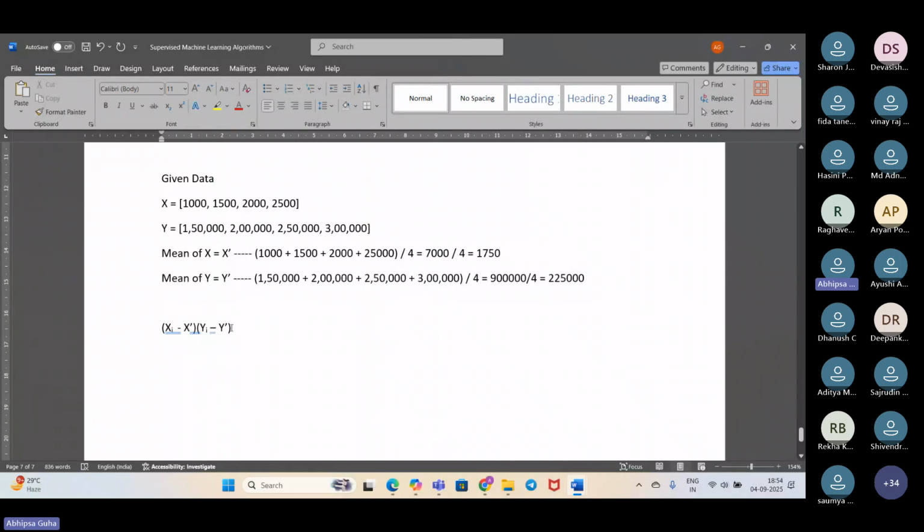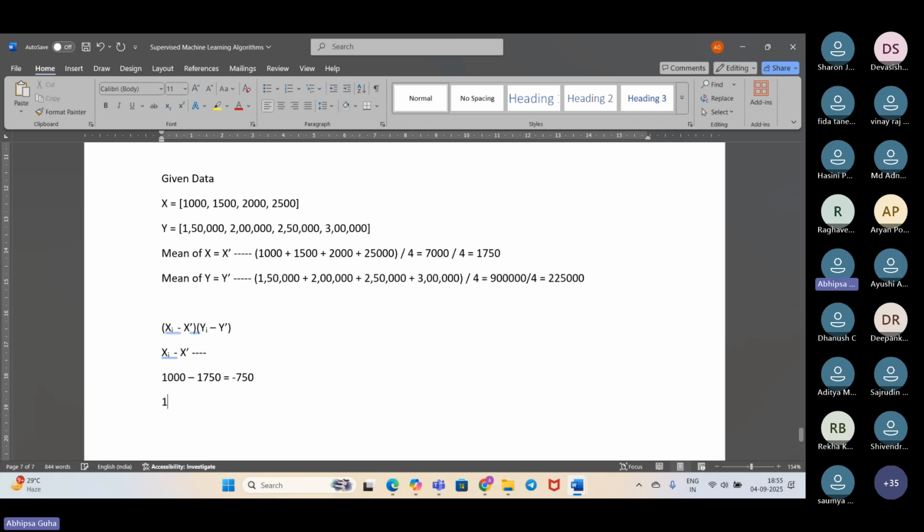Let me show you. For xi minus x bar, we take the first value, 1000, minus the mean value 1750. So what are we getting? I guess you people can do it, right?